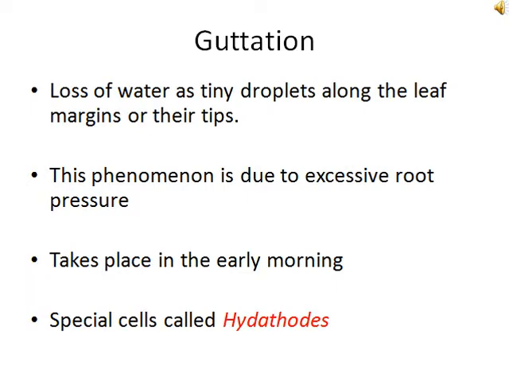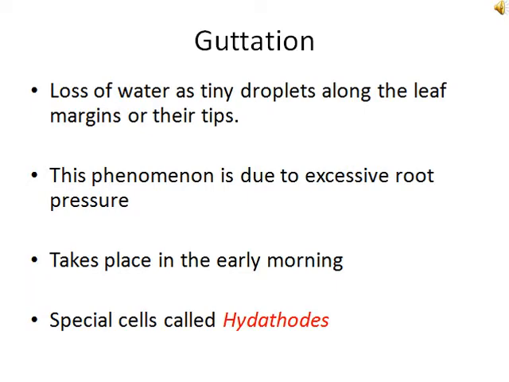That means the loss of water as tiny droplets through the margins or the tips of the leaves is called guttation. It takes place through special structures called hydathodes. Actually, the hydathodes are present at the ends of the margins, at the ends of the xylem vessels in the veins.